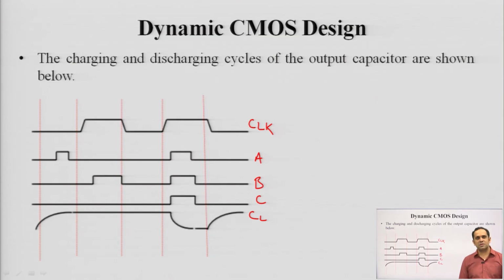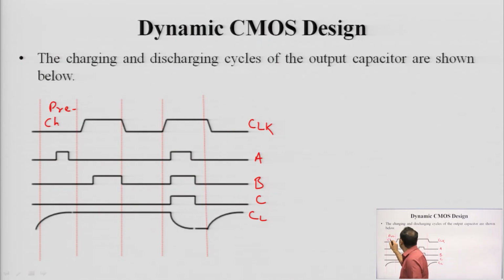Now, see the output is not a sharply defined edge. This is because this is a purely capacitive output circuit. Capacitors do not charge instantly, and do not discharge instantly. Depending upon your RC time delays, every capacitor is going to take a finite amount of time to charge and a finite amount of time to discharge. So, starting initially when the clock is 0, this is your pre-charge stage.